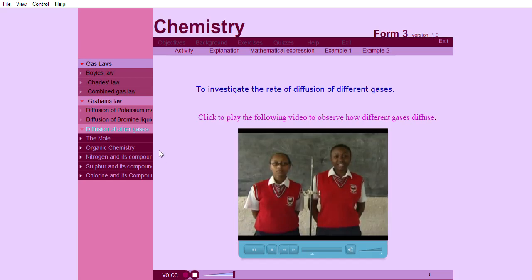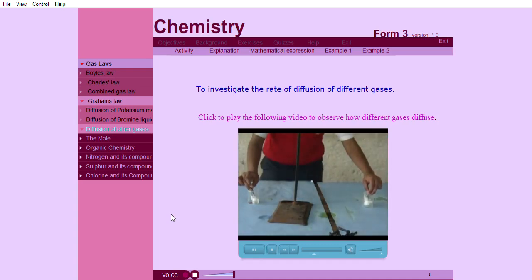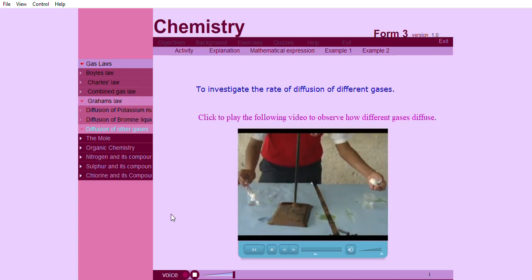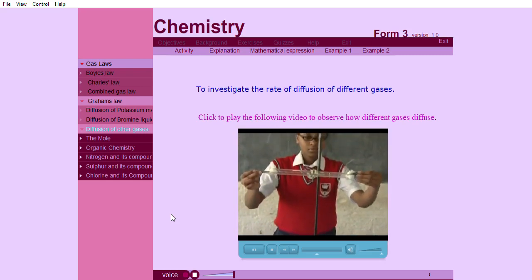Clamp a long glass tube horizontally. At the same time, plug one end of the long glass tube with cotton wool soaked in concentrated ammonia solution, and the other end with another cotton wool soaked in concentrated hydrochloric acid.